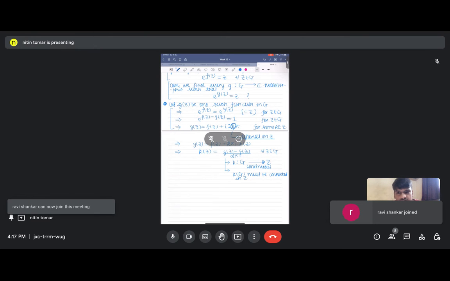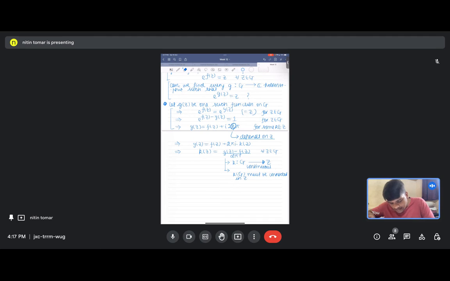Only singletons are connected. So this implies k is a constant function, because k of G must be some singleton c, or for better we use m.